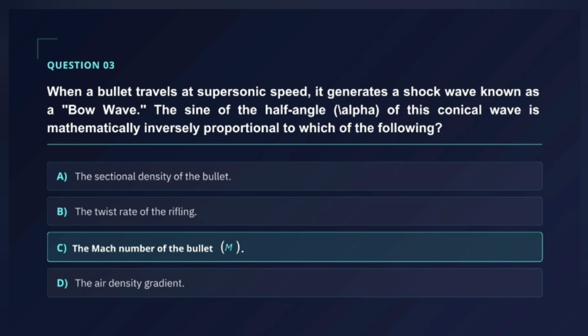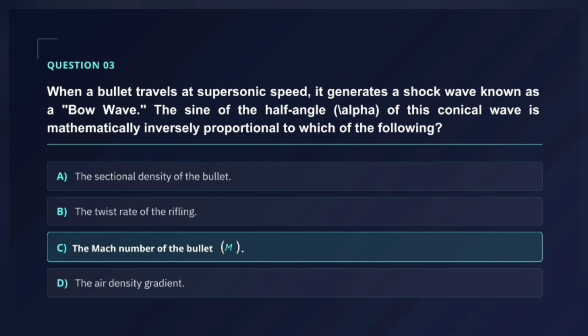The third question on screen we have is, when a bullet travels at supersonic speed, it generates a shock wave known as a bow wave. So the sine of the half angle alpha of this conical wave is mathematically inversely proportional to which of the following?